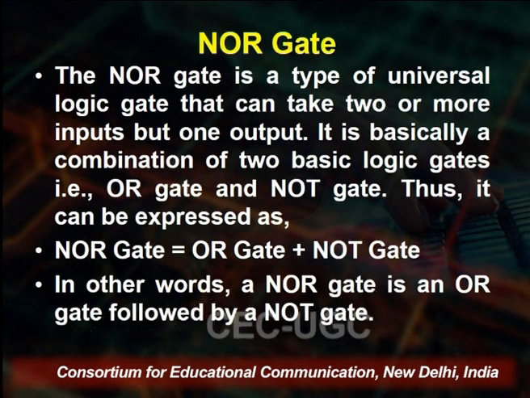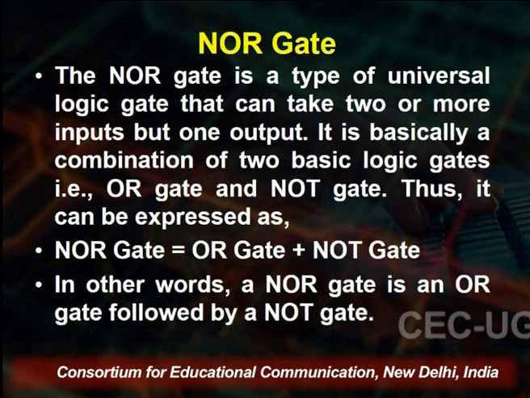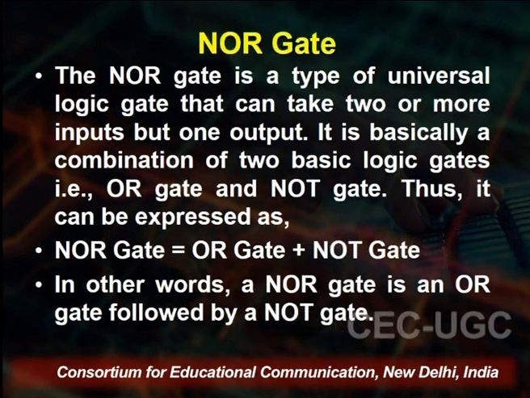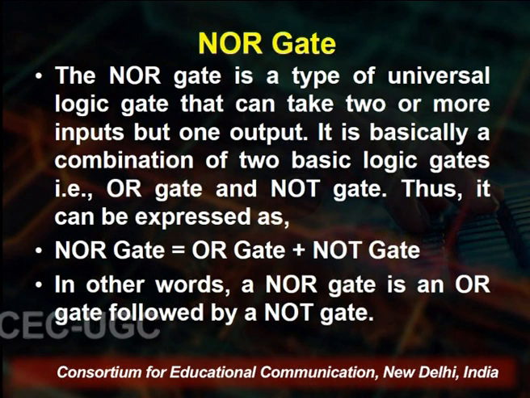When we combine these two gates together, we get the NOR gate, and the output depends upon the inputs we give. In other words, a NOR gate is an OR gate followed by a NOT gate. That is why it is a NOR gate.